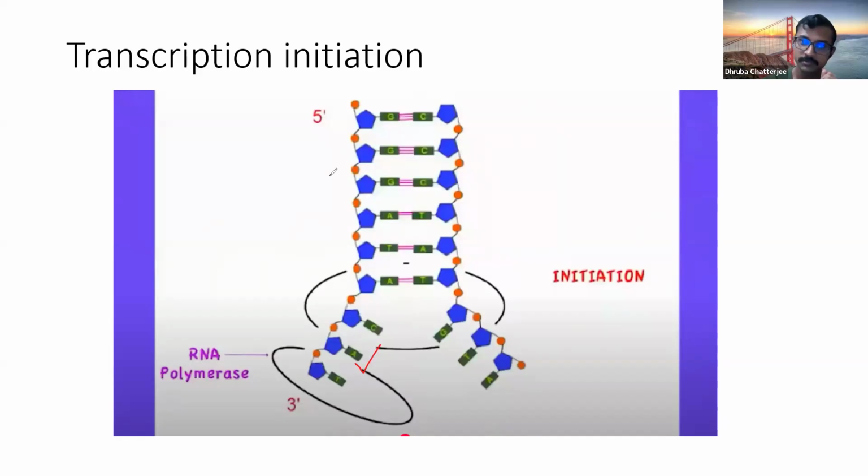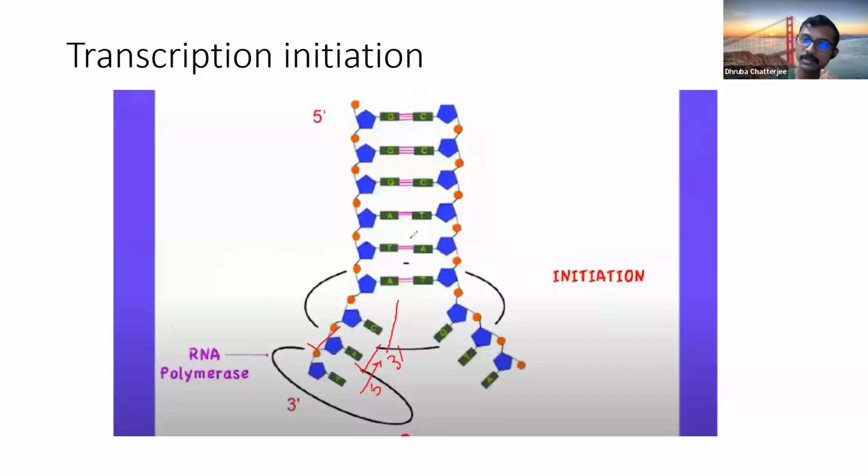So if you look, this is 5', this is 3', so the RNA polymerase is reading this strand. There will again be a small primer, this will be the 5' end, this will be the 3' end, and then it will elongate in this direction, right?